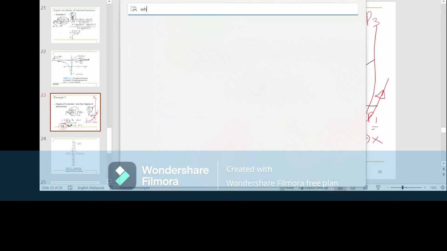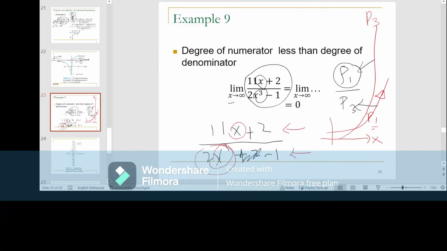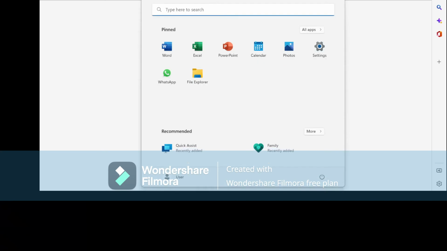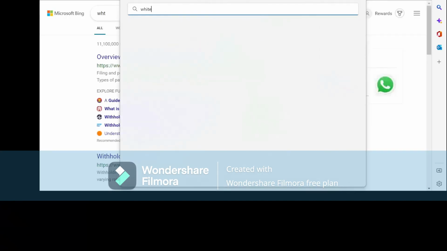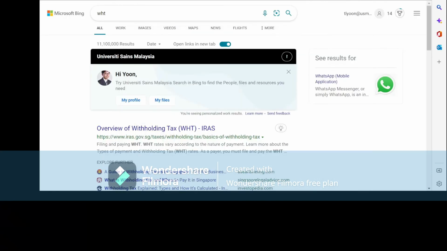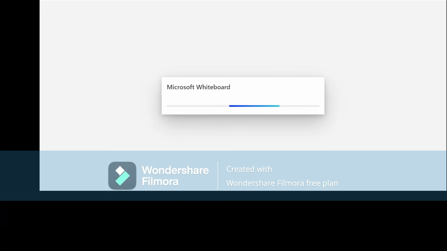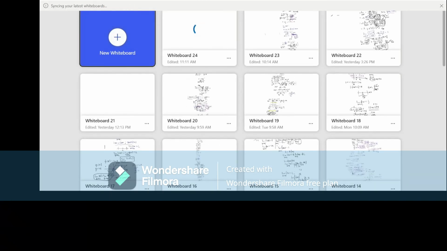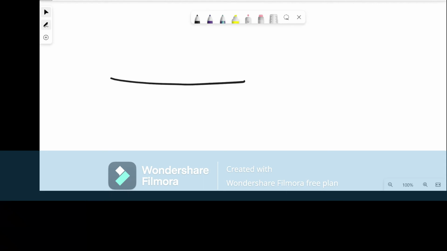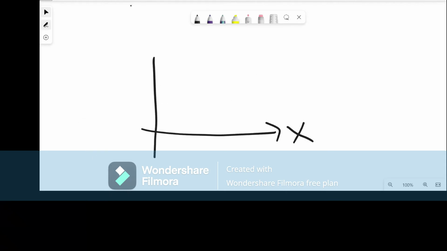Here, what we are comparing is the functions P1 and P3 that both go to infinity. So we expect that as the values of x grow larger, P1 would go less fast than P3.